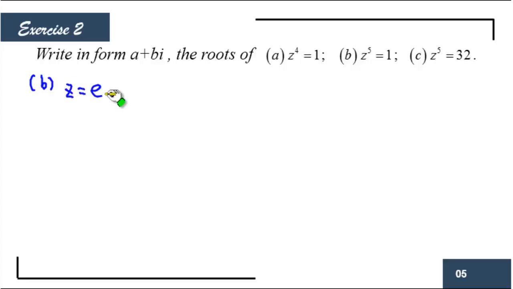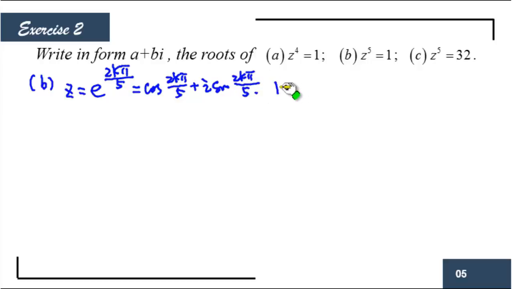Again, use the tool: 2kπ over 5, and that equals cosine 2kπ over 5 plus i sine 2kπ over 5, where k is 0, 1, 2, 3, 4.